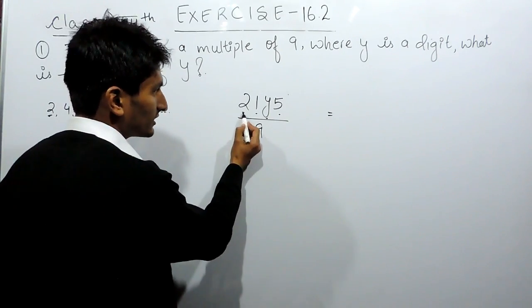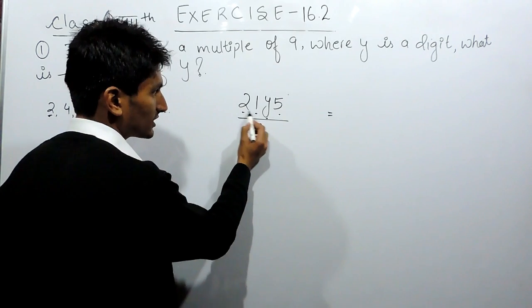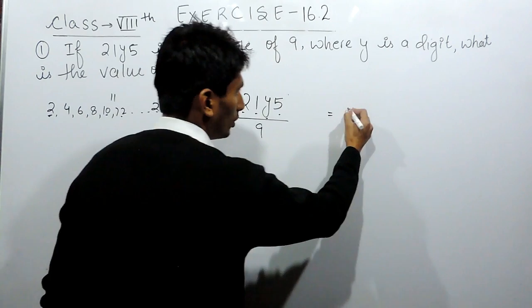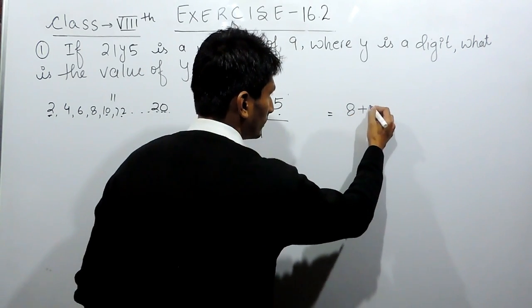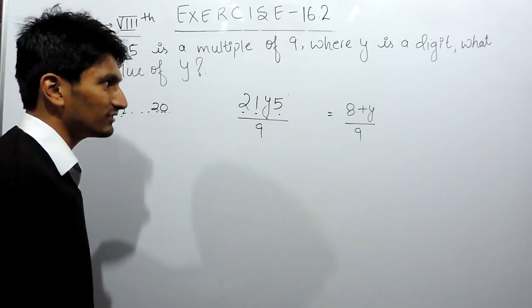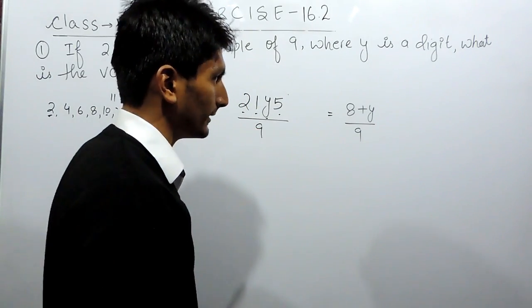So let's start. This is 2, this is 1, so this is 3, plus 5, so this is 8. So the sum of digits is 8 plus y, because we don't know the value of y.